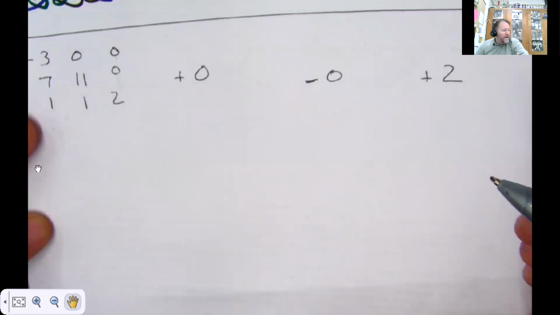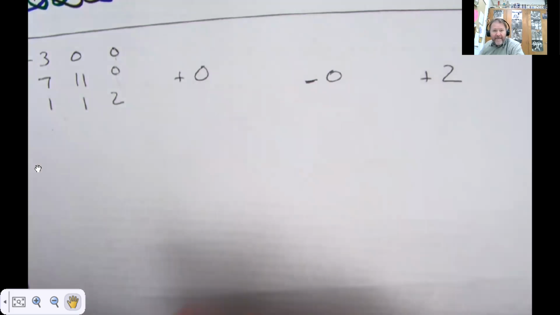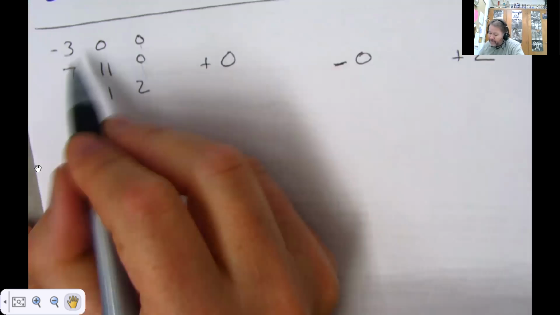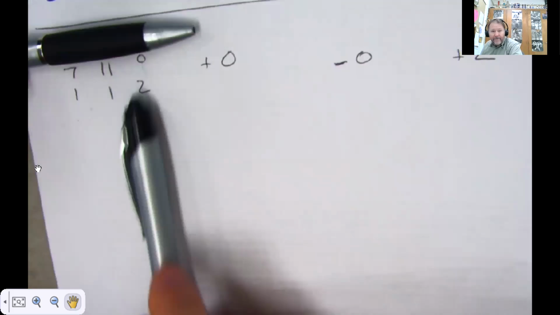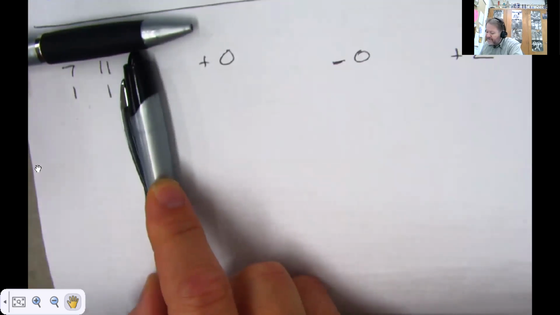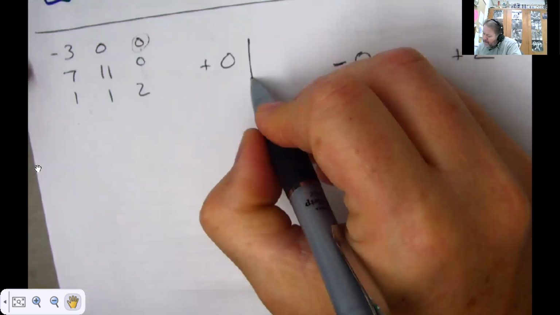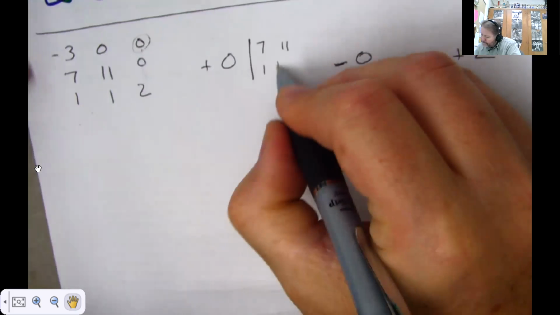All right. Now for this one, that 0 represents that 0 right there. What you do is you cover up the row and the column for that one, and you are left with a 2x2 matrix: 7, 11, 1, 1. By the way, we should get the same answer, right? Let's write that: 7, 11, 1, 1.